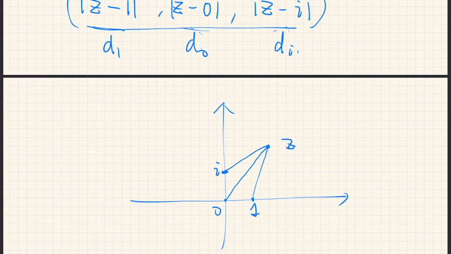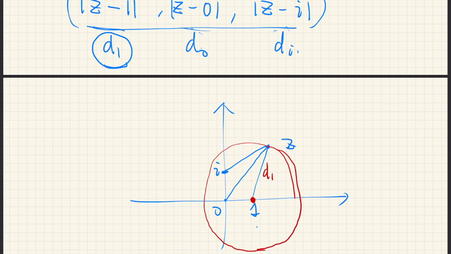So the set of points that has the distance from 1 equal to d1 is defined by the circle centered at 1 with radius d1. So it's something like this.